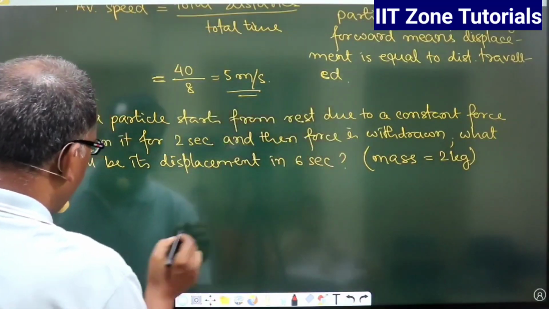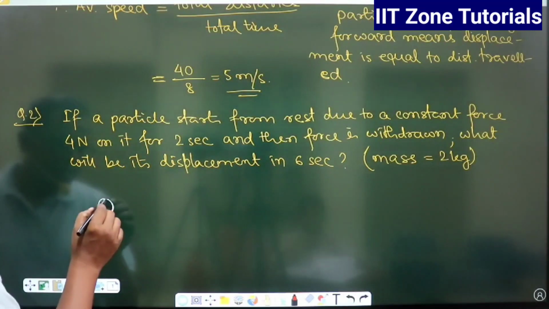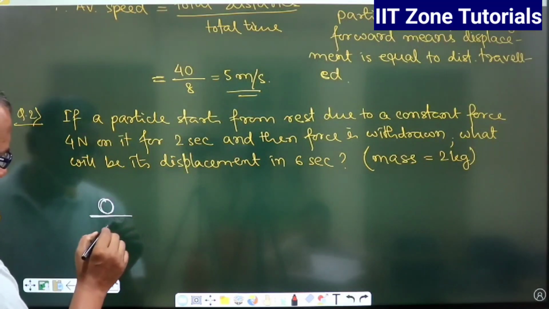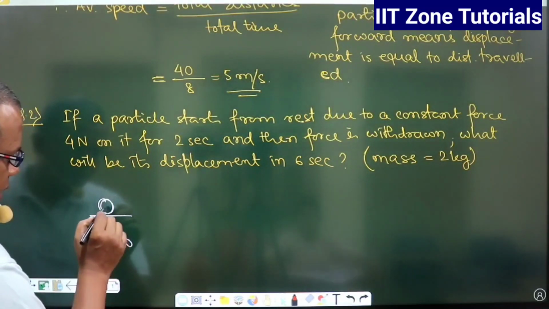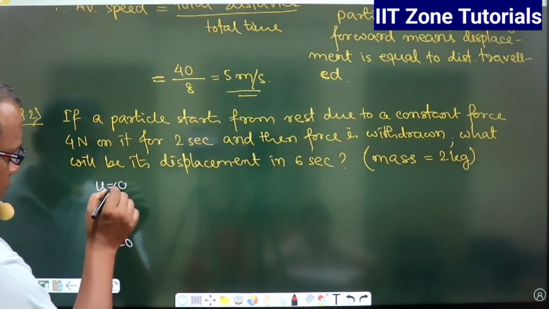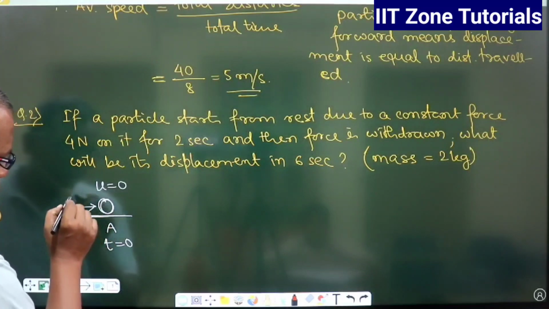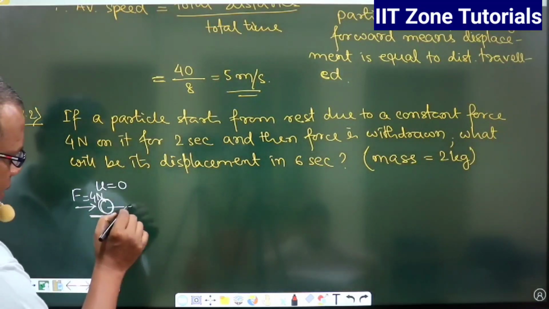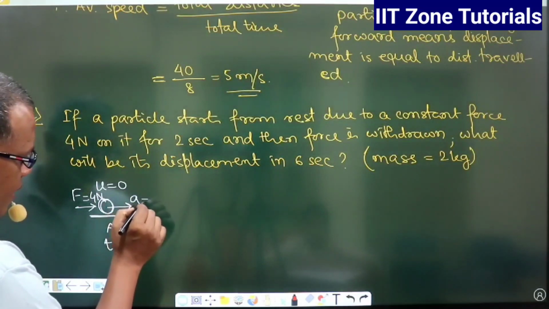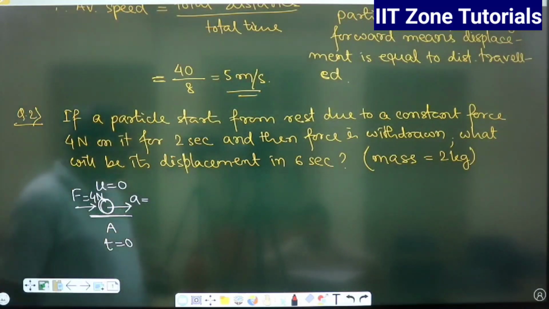Suppose this is a mass placed at position A, at the t equal to 0 instant. The initial velocity of the mass is 0, but some force F, that is 4 Newton, is applied on it. As a result, it will gain some acceleration, yes or no?